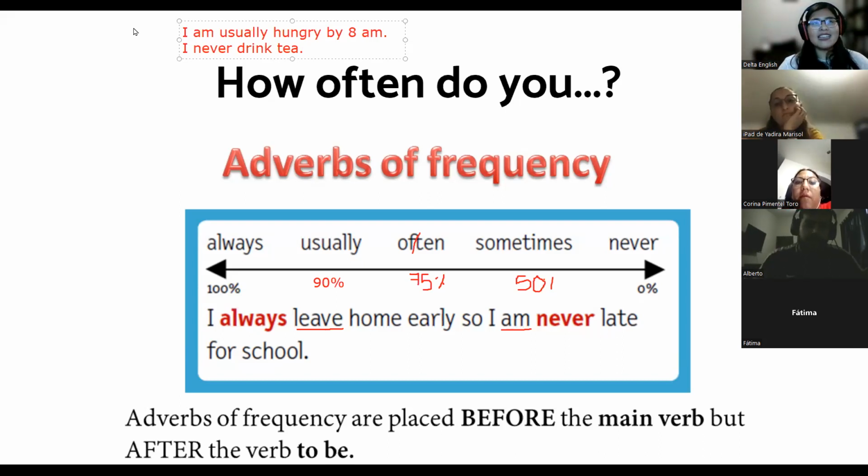Si uso el by, estoy diciendo para las 8. Normalmente tengo hambre para las 8. Es la diferencia entre decir a las 8 en punto me da hambre, versus a lo mejor me da hambre a las 6, a las 7, pero definitivamente para cuando ya son las 8, ya tengo hambre. ¿O es como por ahí de las 8?